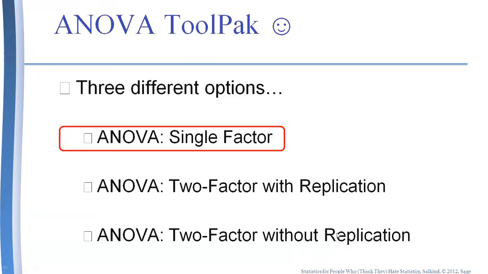Okay. And remember, because we are always concerned with the simple factor or single factor ANOVA, when we're running our ANOVAs with our data analysis pack, we always want to select the first option, the ANOVA single factor. We will never use the other two ANOVA options in this course. So what do I mean by that?